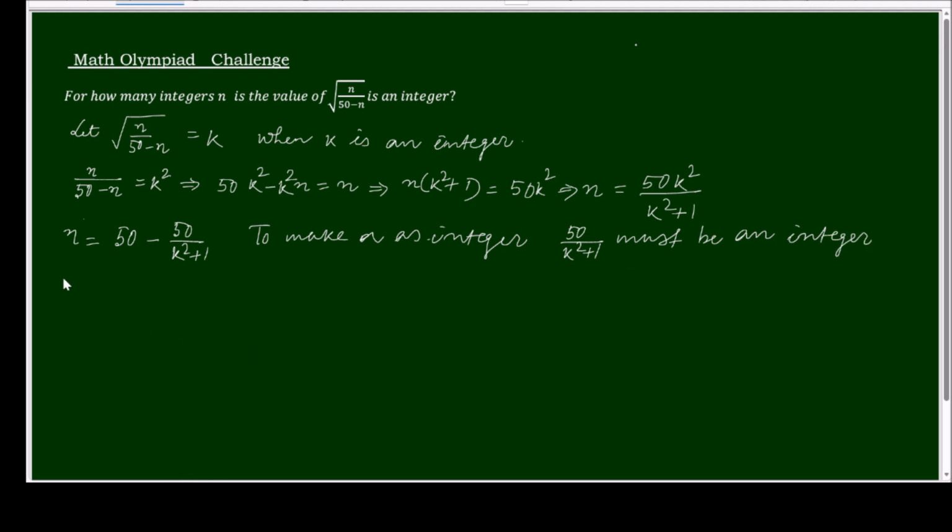That means k square plus 1 is a divisor of 50.